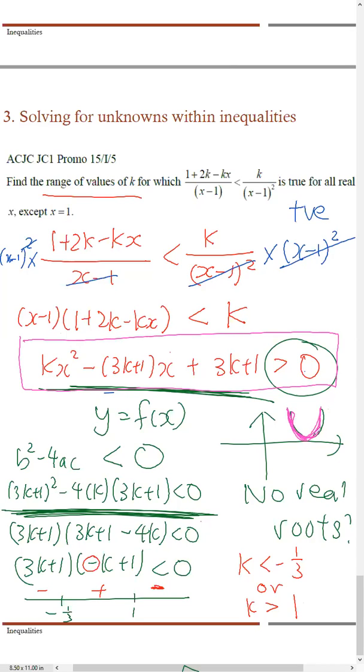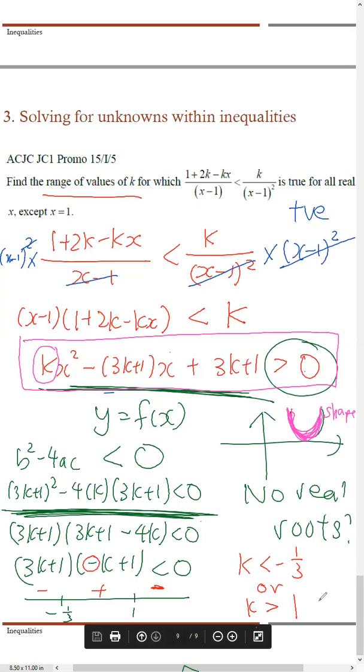But what did we assume over here? We assume that it is U-shaped. This assumption here is ambiguous for this case because the k is in the coefficient of x squared. So for us to assume it to be a U-shape, more than 0 and no real roots, k must be more than 0.